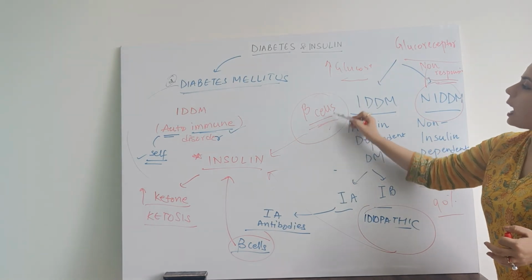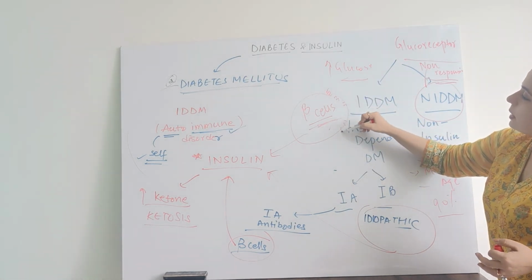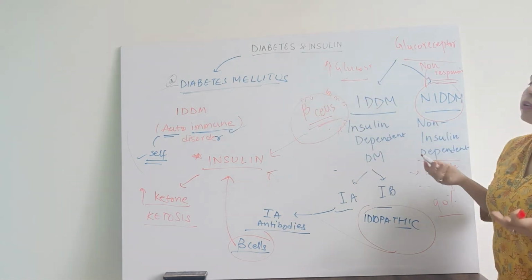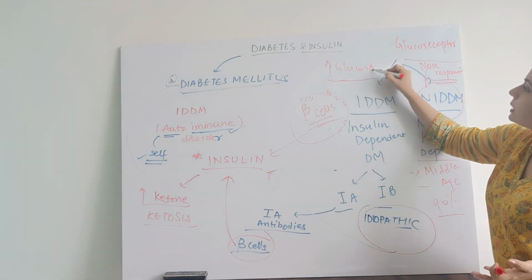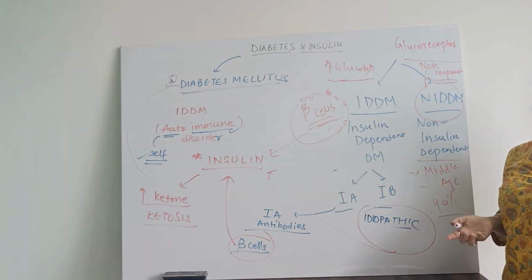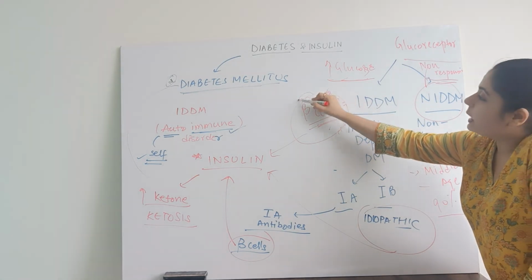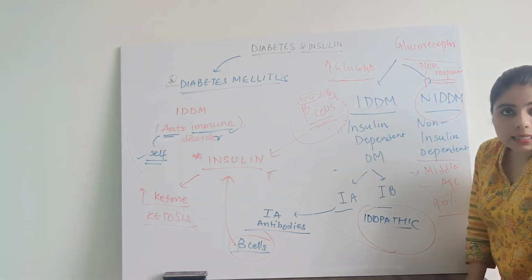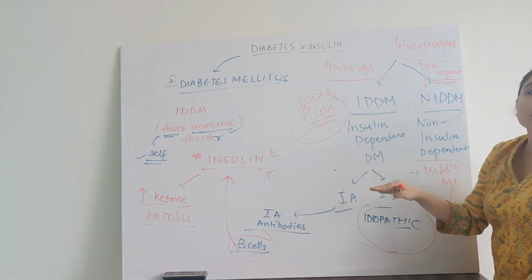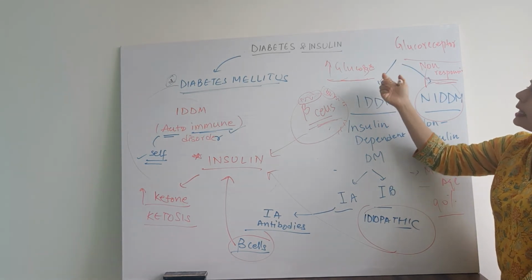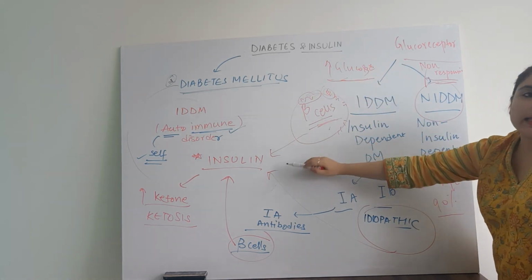Now if the receptors of these cells are not responsive to the increased glucose levels, or the sensitivity has decreased, then the beta cells will not release any insulin.